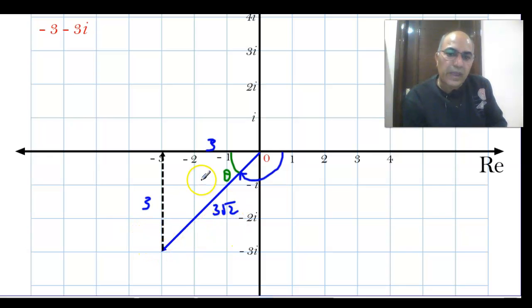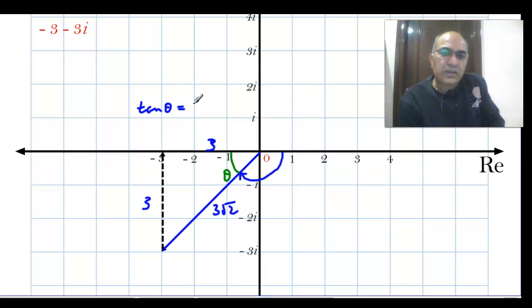Now the angle theta is given by using T ratios. Tan theta is equal to 3 upon 3, 1. This implies theta is 45 degrees, which is pi by 4. Now what about this measure?